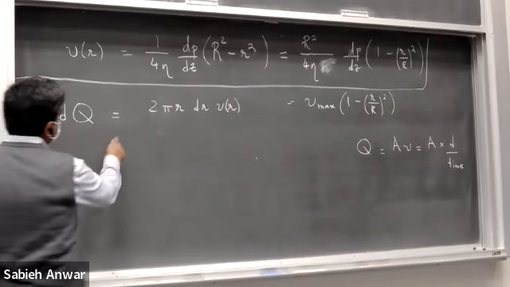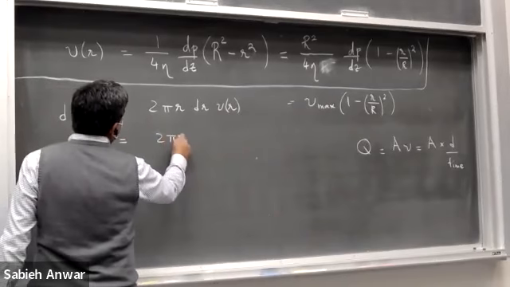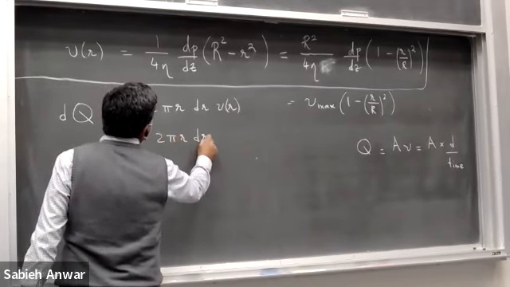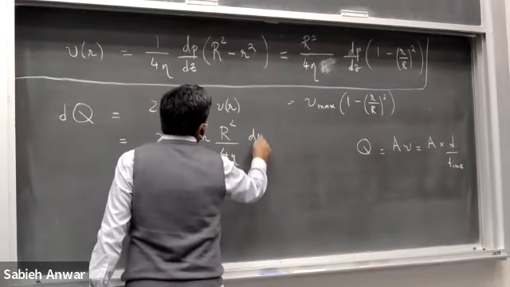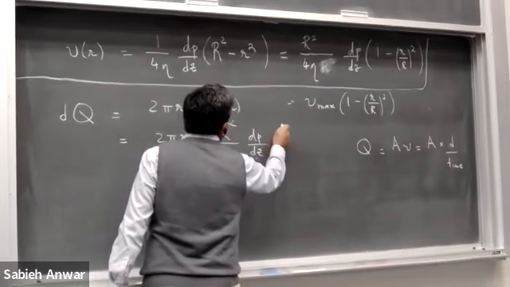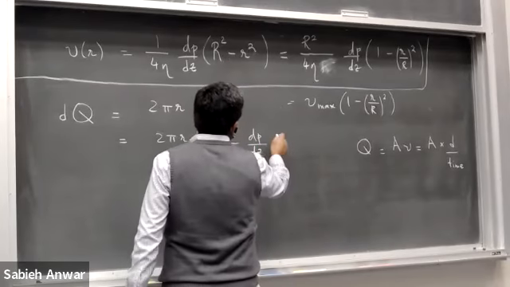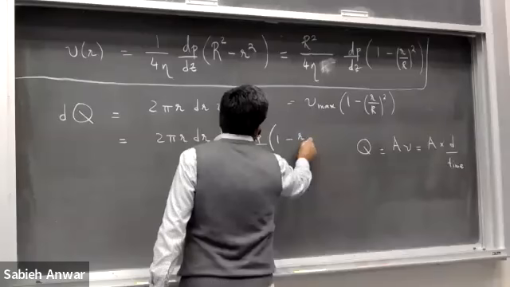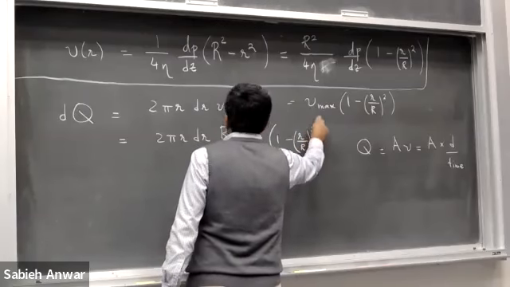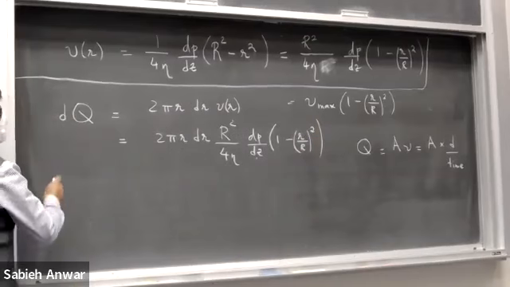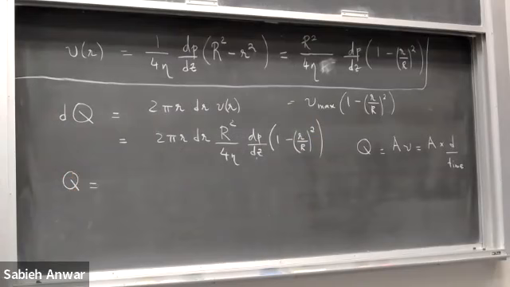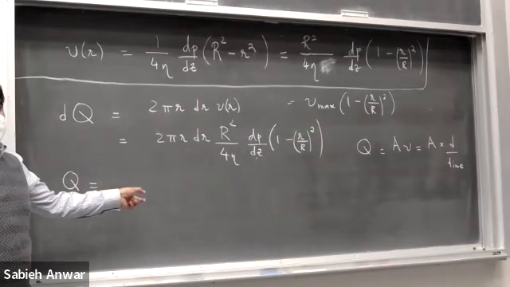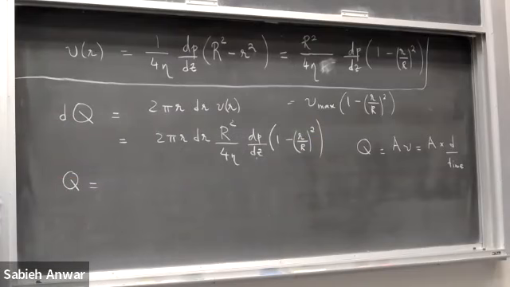Now, if I were to plug in the values, 2 pi r dr v of r, I already know is capital R square over 4 eta dp over dz. Now I can resort back to this expression if I choose. If I were now to find the total flow rate in the entire cross section of the pipe, I would need to integrate this with respect to what? r.